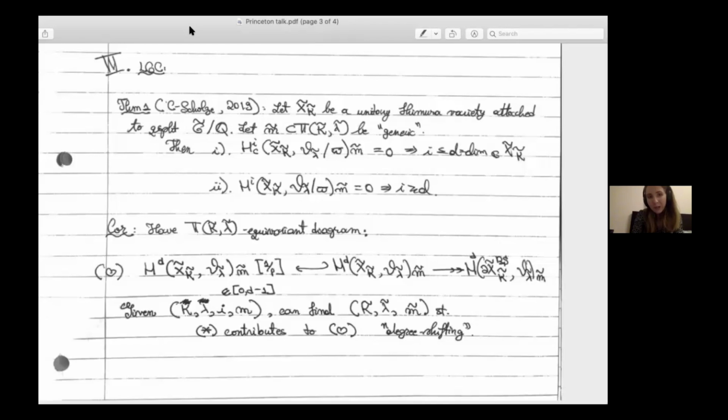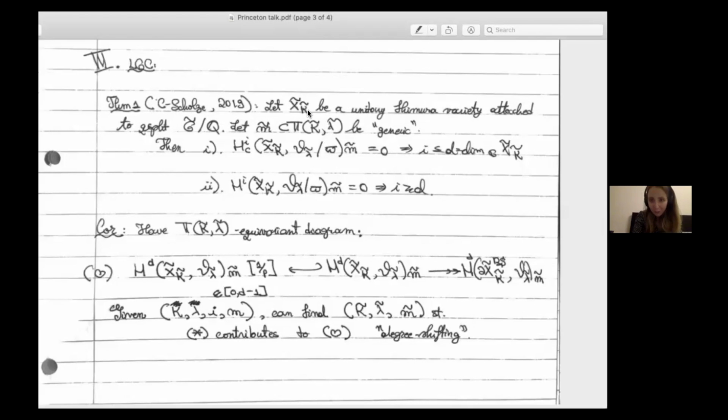But now that it's available on the arXiv, I don't want to waste too much time on stating it precisely. So I'm just going to give you a rough statement of it. I'm going to take some unitary Shimura variety that is attached to a unitary group that is quasi-split. And this unitary group should essentially be obtained by restriction of scalars from an imaginary CM field F to the maximal totally real subfield F plus, but of course to have a Shimura variety, you want to view it as a group over Q.